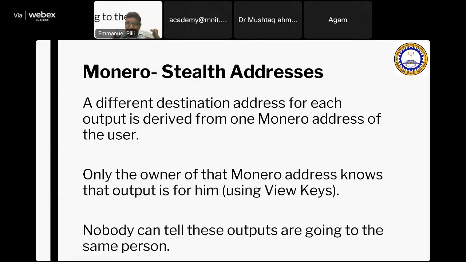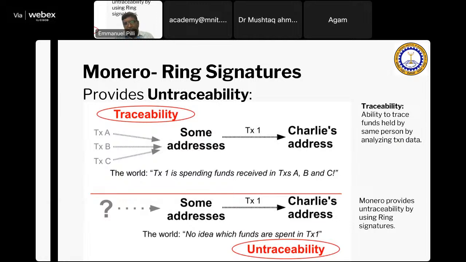Nobody can tell that these two keys are related except the person who has both the keys. Only he knows that both these keys are mine, but nobody else can guess. So that's a kind of privacy security that is coming in.